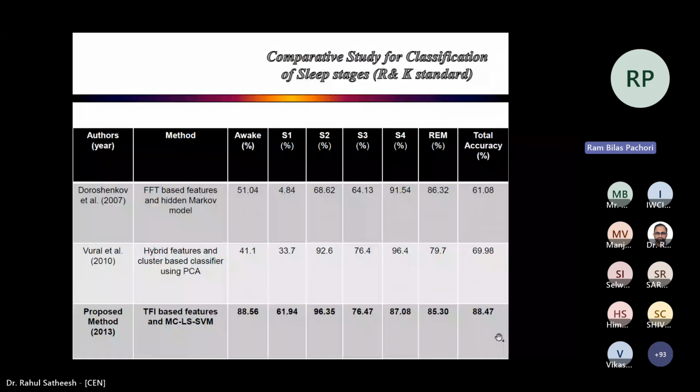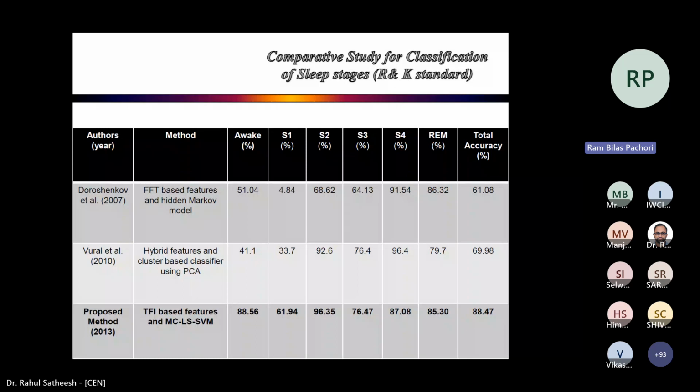And here, this is the R&K standard. A lot of work has been done; it's the old standard, and these are the recent papers which show better performance than the other ones, so we have compared with the better ones. Doroshenkov, in 2007, used FFT based features and a hidden Markov model, and Burioka, in 2010, used hybrid features and a cluster based classifier using PCA.